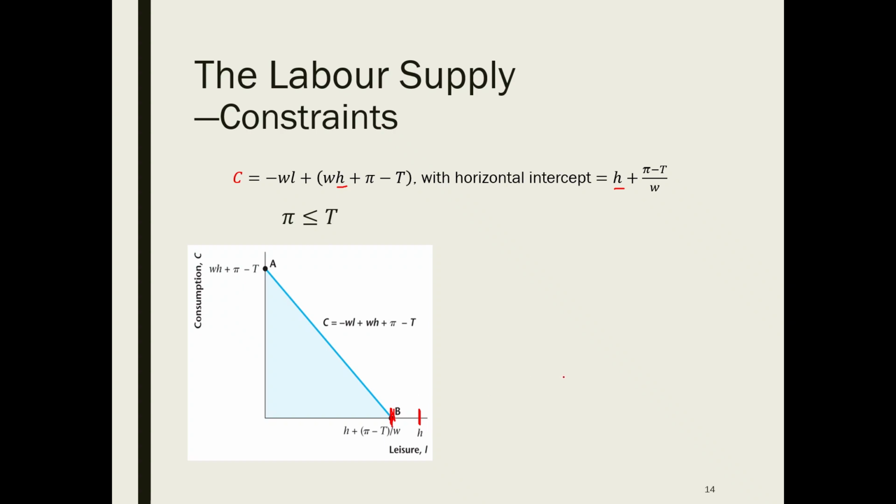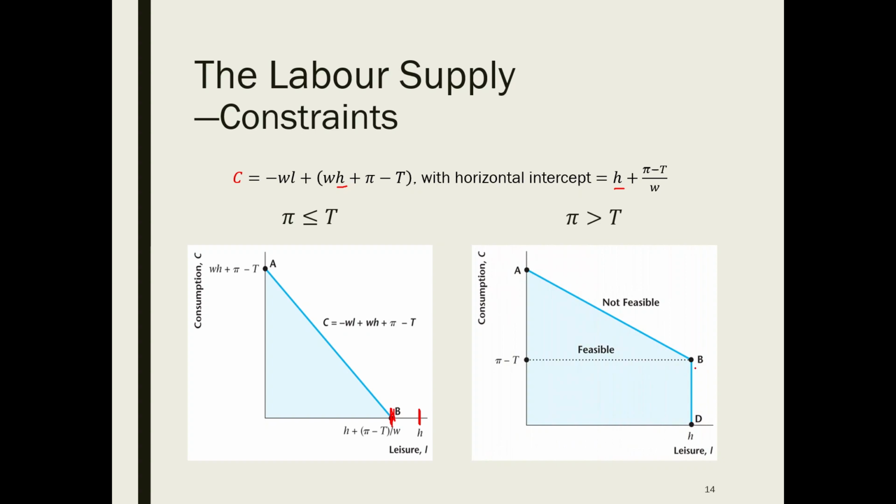However, if pi is more than T, then the intercept is higher than H. The constraint is a kinked line. The area below the constraint is the feasible set. If wage is lower, the slope of the constraint is flatter, and the feasible set will become smaller.